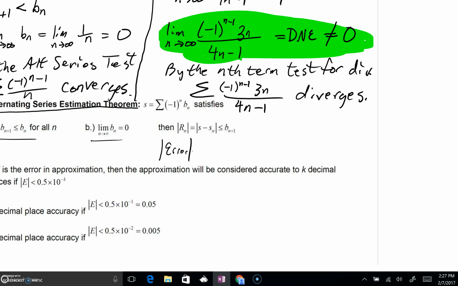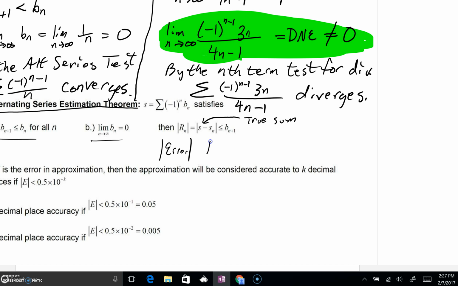Well, if you have S is going to be the true sum. It's what that series would really converge to. By the way, unfortunately, we won't know what it truly converges to. There are really just two series that we've worked with so far where we know that, telescoping and geometric. Most of the time we don't get that. But there is a true sum.